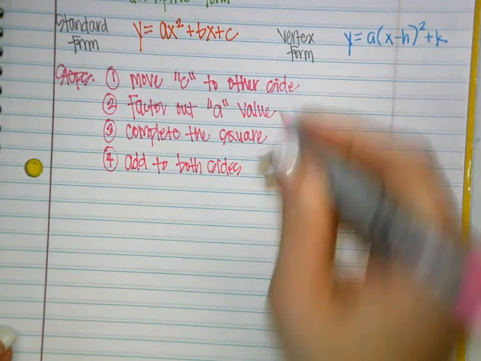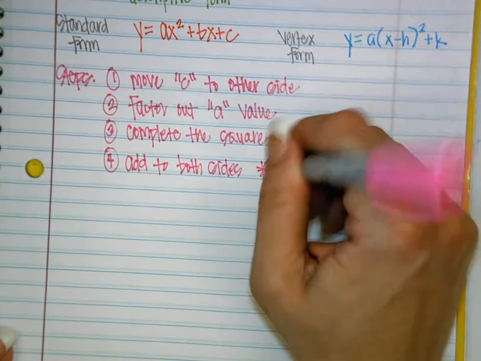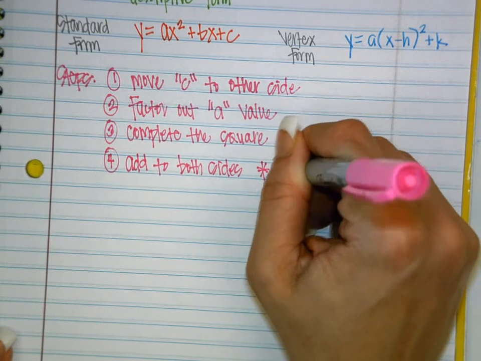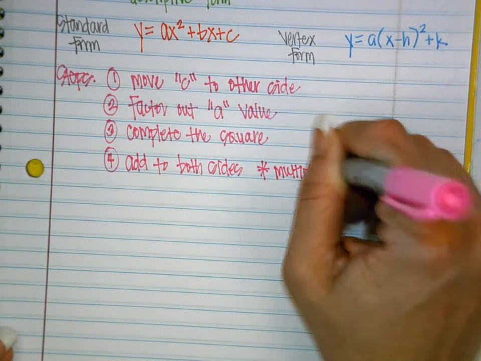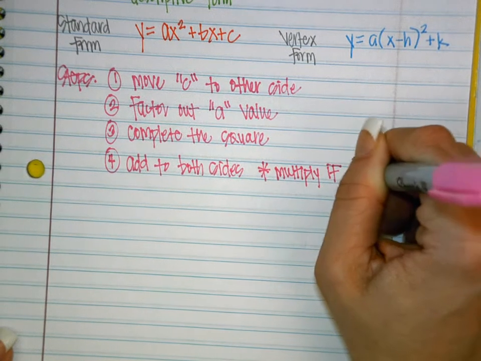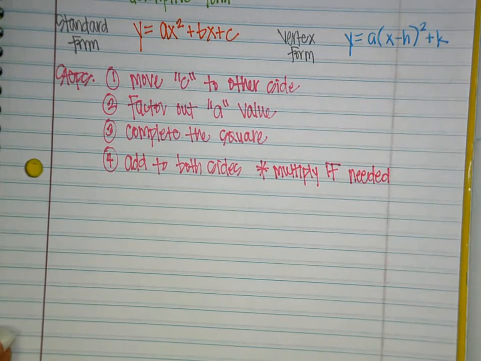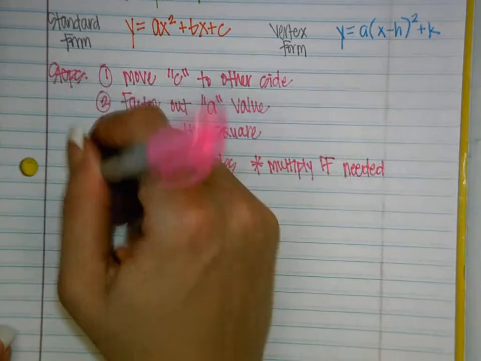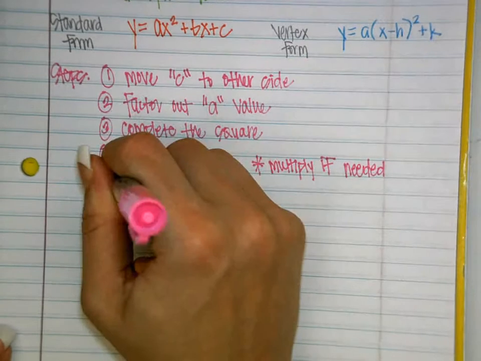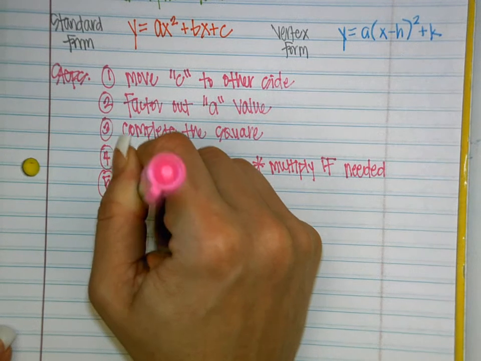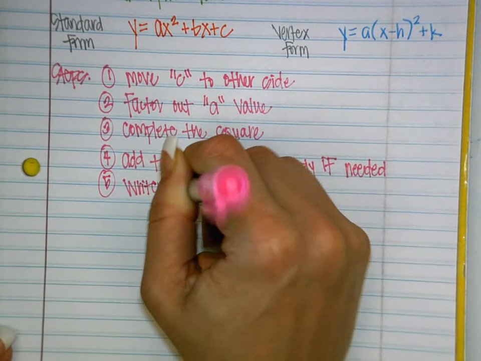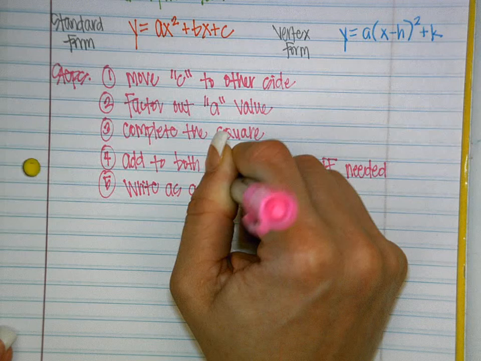Step 4 is you need to add to both sides. And we're going to write ourselves a little note here: multiply if needed. And you'll see, hopefully, when it is and when it is not needed for you to multiply. Step 5 is to write as a binomial square.